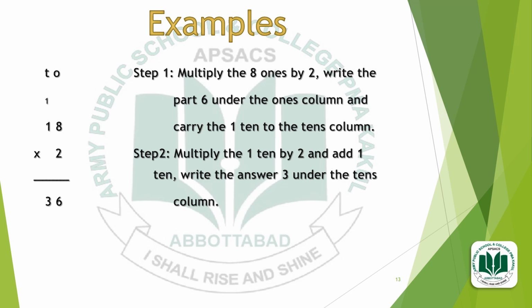And then we take the carry 1 to the next place, which is the tens place. Then we multiply the tens place digit 1 with 2. 2 1s are 2, and then we add that carry to 2. 1 plus 2 becomes 3, and then we write the number 3 under the tens column, so your answer becomes 36.